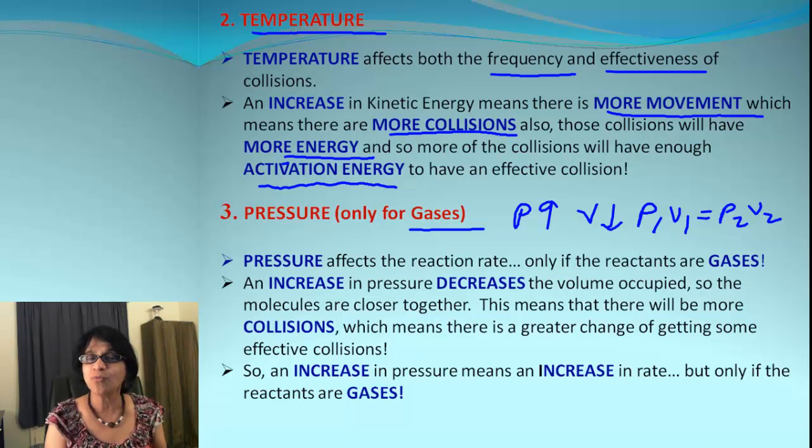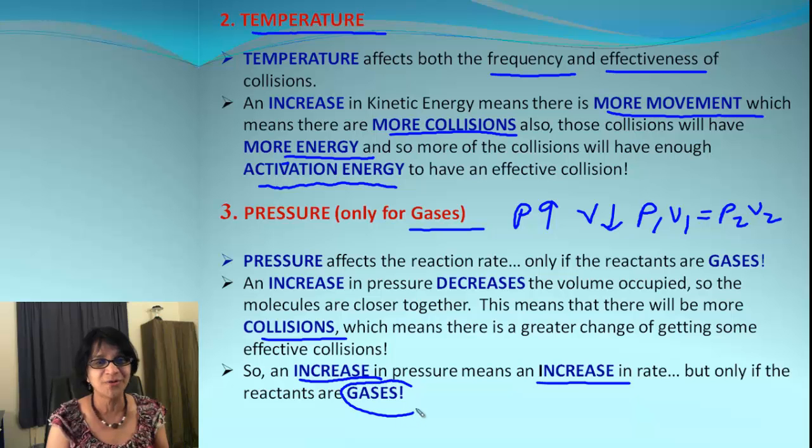In a small volume, if you have the same number of particles staying together, obviously they're going to have more collisions. And if they get more collisions, what has happened? The reaction goes faster. So we can easily say an increase in pressure means an increase in reaction rate. But keep in mind, it's only for gases.